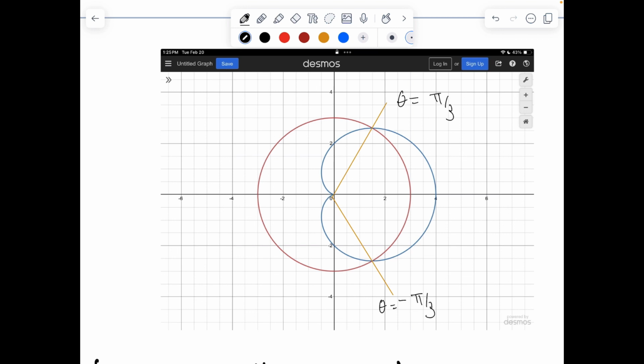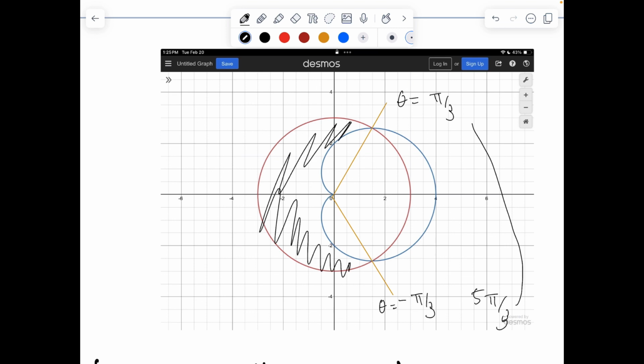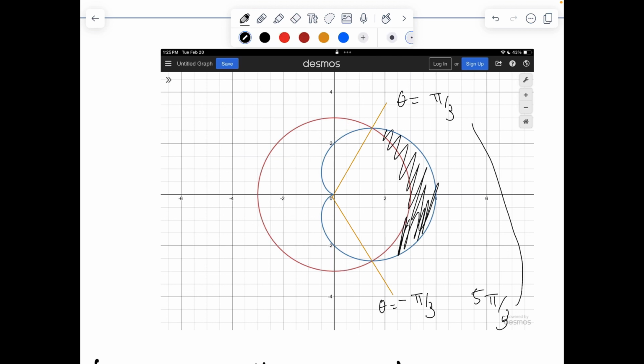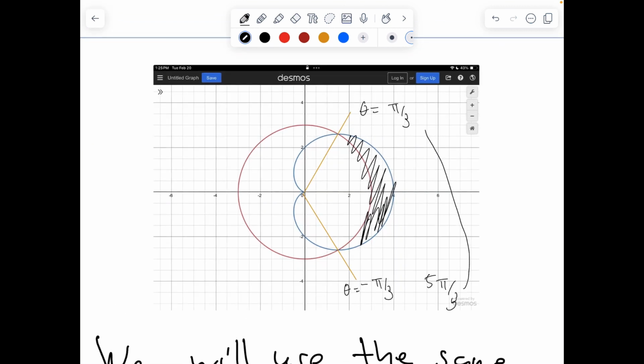So you want to go from smallest to largest, and minus pi over 3 provides that. If you had 5 pi over 3, that's a valid answer. But then you might put your integral from pi over 3 to 5 pi over 3, and that would be all of this stuff. That's not what we want. We want the stuff over here. So that's why minus pi over 3 to pi over 3 works, from smallest to largest, okay? Just make a note of that, please.